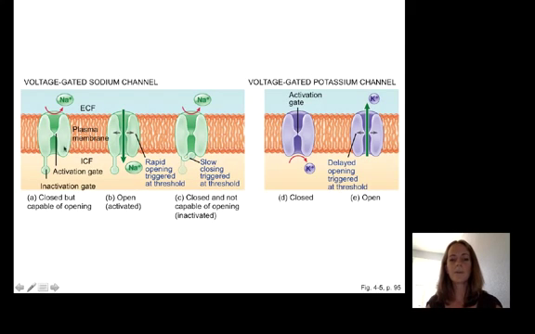Here are some visuals from your textbook of the sodium and potassium channels. So here are the sodium channels with their inactivation gate. This is the voltage gate. This is the inactivation gate.